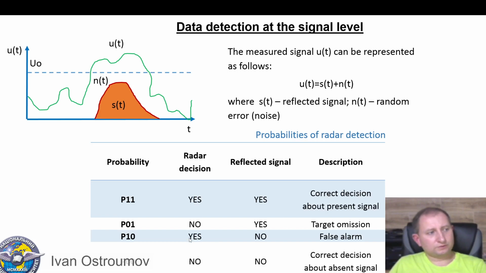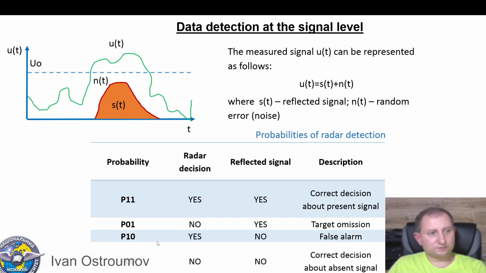And also the second probability, P10. In this case we don't have a reflected signal, we don't have a correct signal. However, the detector provides us a decision about presence of the signal in the input of our receiver.